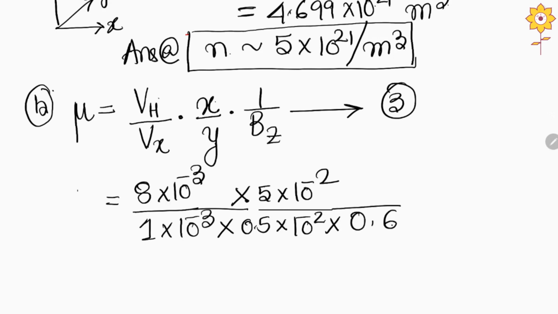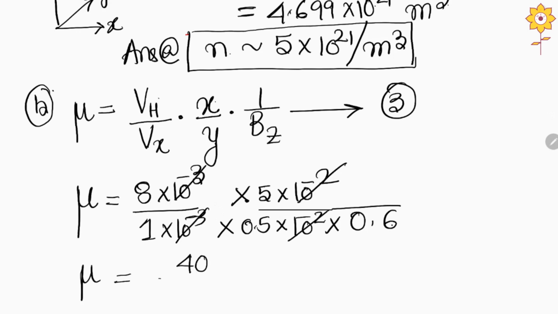That will be the value of your mu. So we can neatly cancel this off. Sorry, this is 10 raised to minus 3, so I can cancel this off over here, and this also cancels off. This is going to be equal to 40 upon 6 into 5, that is 30, so 0.3. That is around 40 upon 0.3.